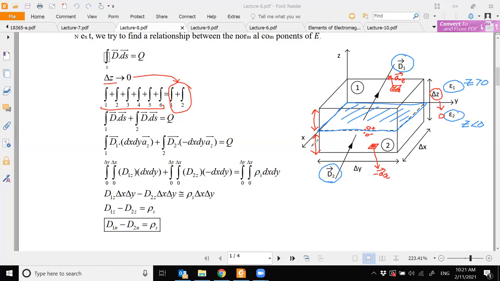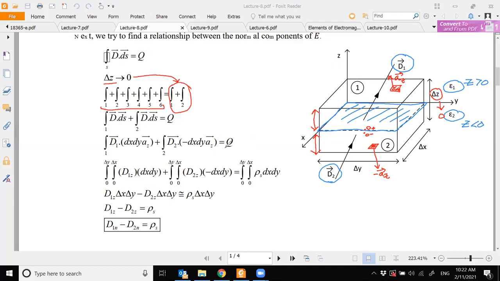And for your dx dy lengths, we have already seen that dx length is delta x and dy is delta y, so it is going from 0 to delta y and 0 to delta x. Now if you do this, you will end up with D1z delta x delta y and D2z delta x delta y.